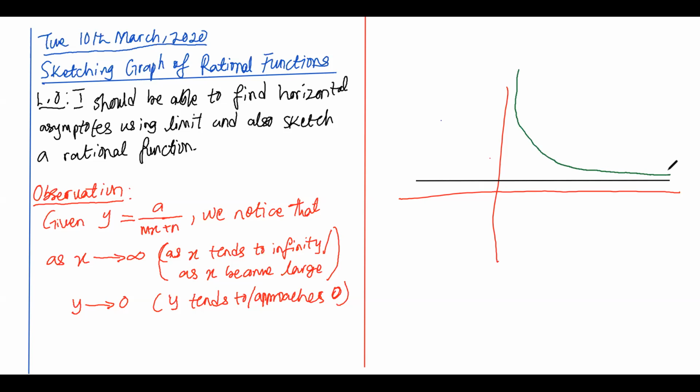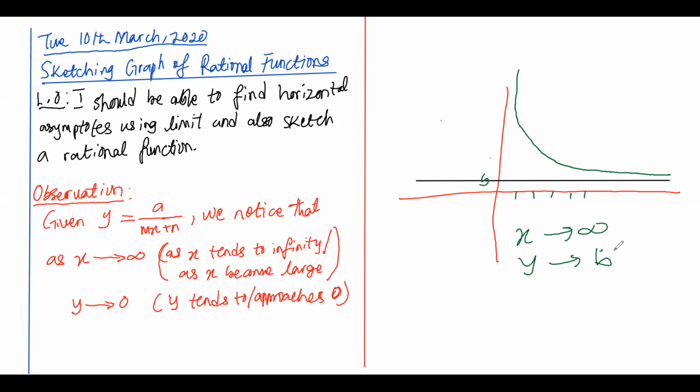What it means is that as x tends to infinity, that is, as x increases, you have x is 1, x is 2, x is 3, x is 4, x is 5, x is 1 million, x is 10 million, and so on. As x becomes large, y moves close to this value. Let's say this value is b. Y approaches b. So here we can say as x tends to infinity, y tends to b, but y never touches b.